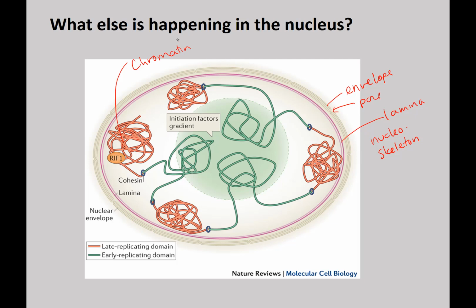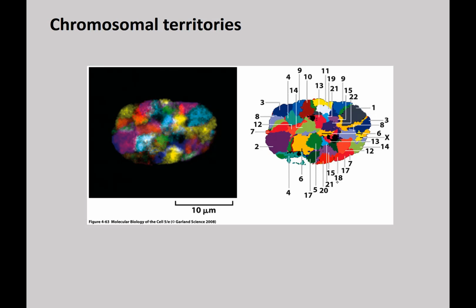But you've got your DNA and their proteins. And they're somewhat organized inside the nucleus. So there's locations where you can find the different chromosomes, and they're actually attached to the lamina. Let's look at this a little further. So your book talks about chromosomal territories. This is FISH. This is chromosomal or chromosome painting.